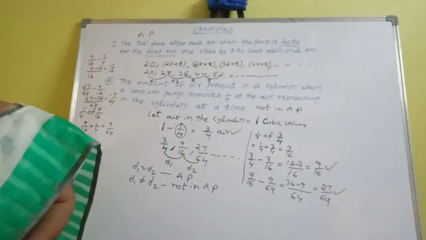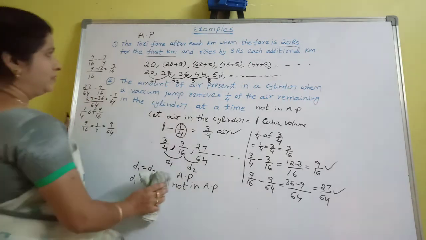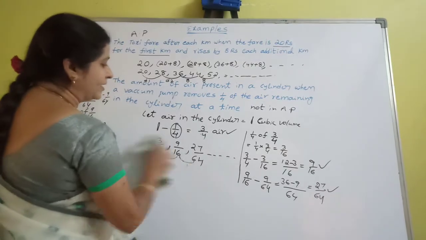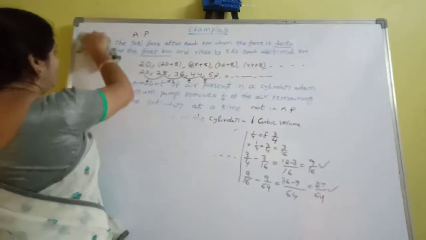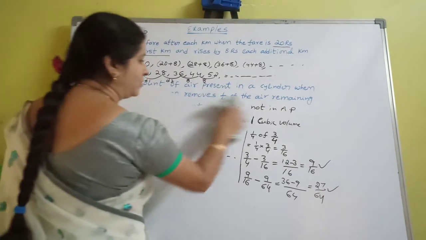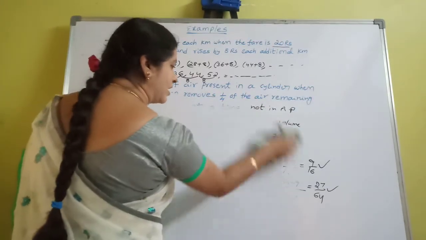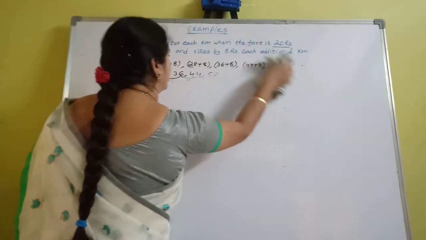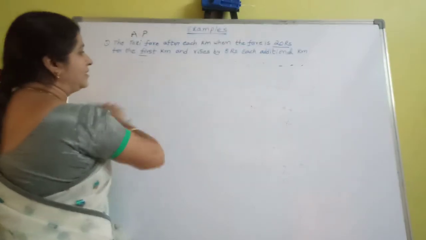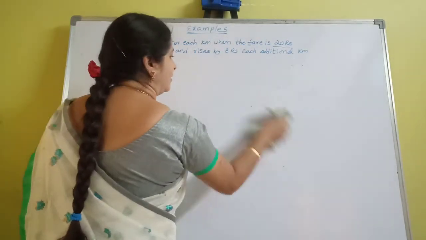Okay. In this way, there are so many examples of AP series. Another two important examples are simple interest and compound interest. If the statement is in simple interest, it will always be in AP.